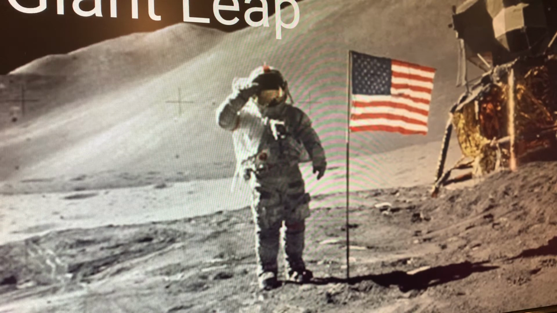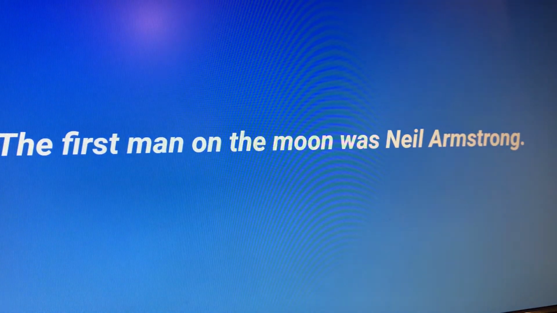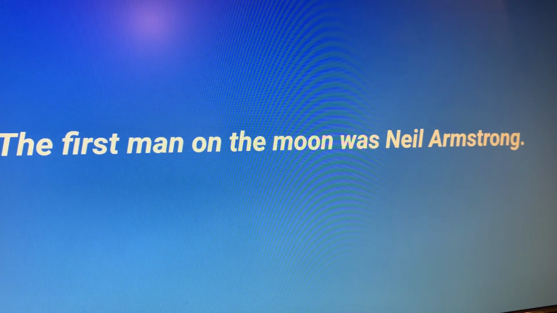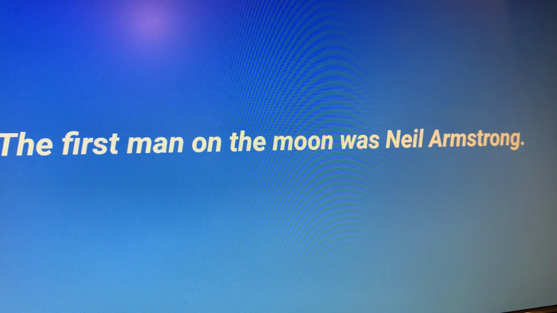All right, let's take it one sentence at a time, and we're going to pick out key words that we want to underline. Sentence number 1 here. The first man on the moon was Neil Armstrong. I want you to think to yourself, obviously, the, on, was, those are not key words here.